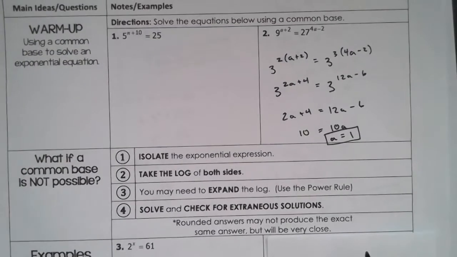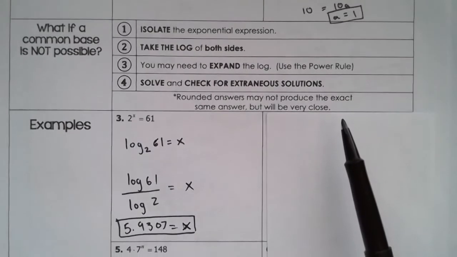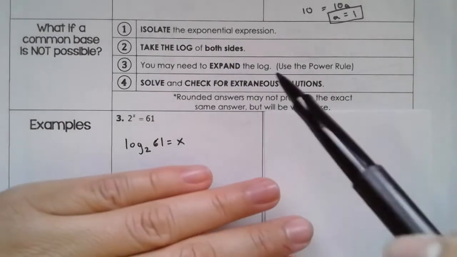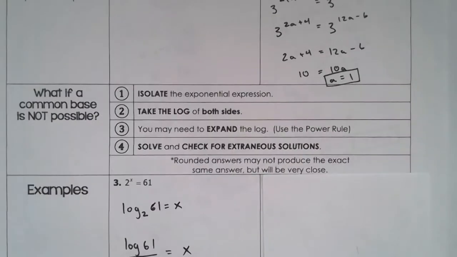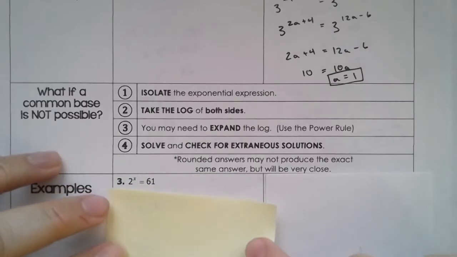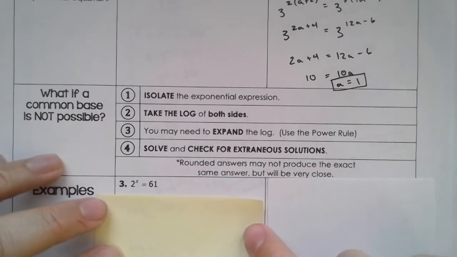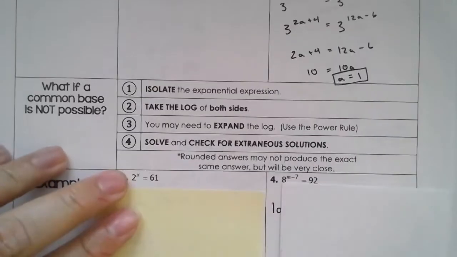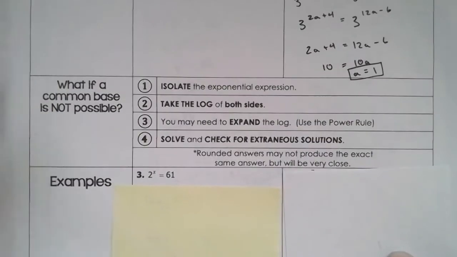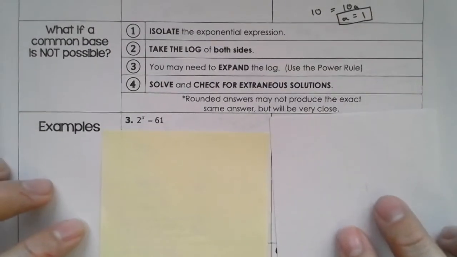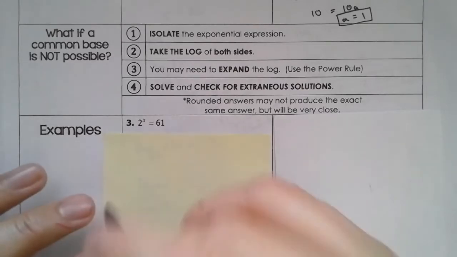For the first one, well, before I look at this, sorry, I meant to explain what we mean by taking the log of both sides. Let's look at number 3 first.